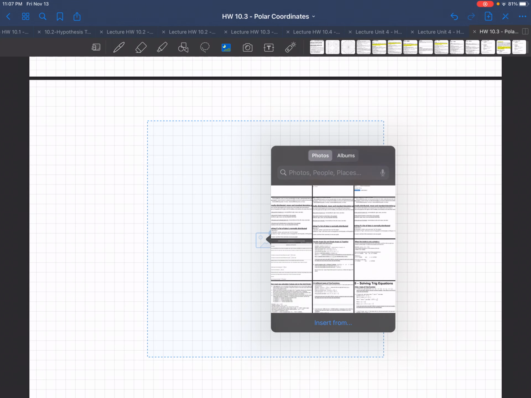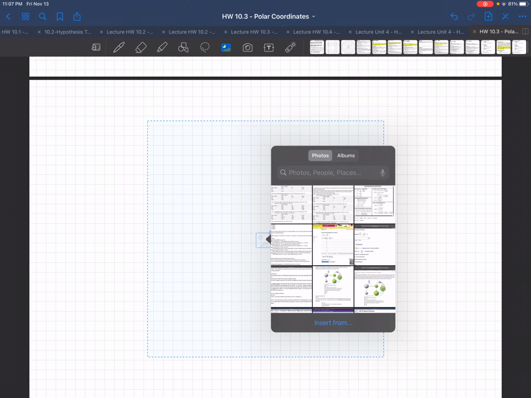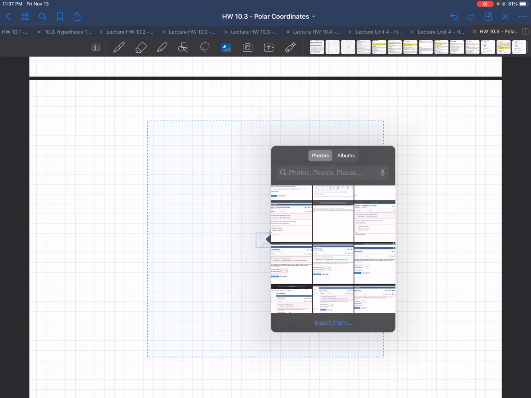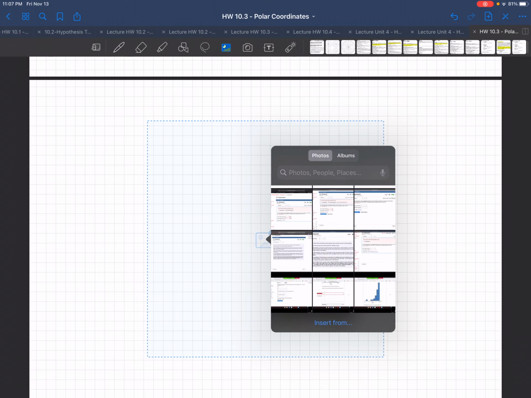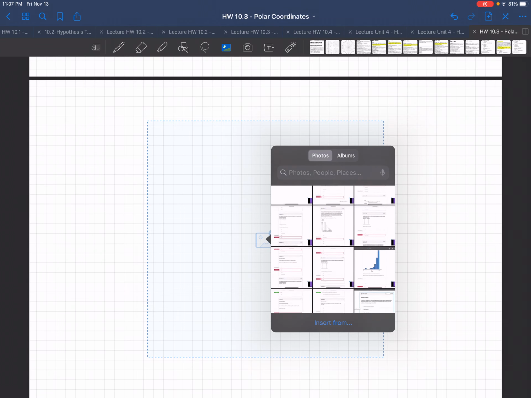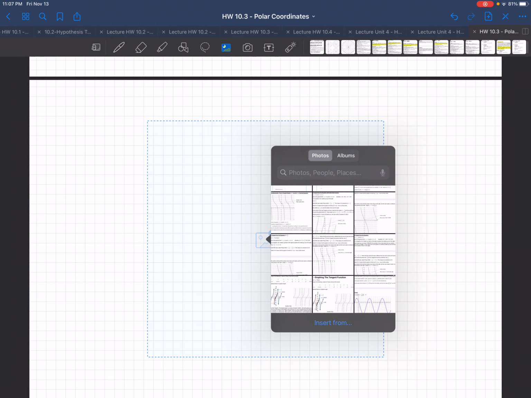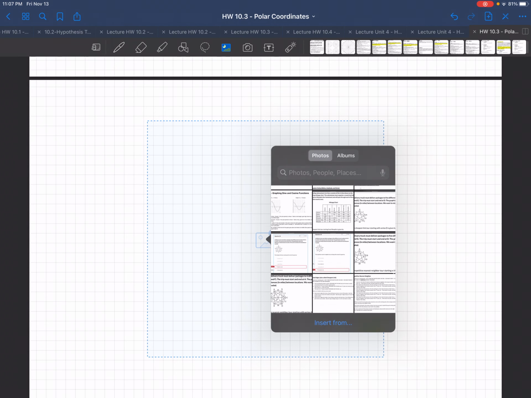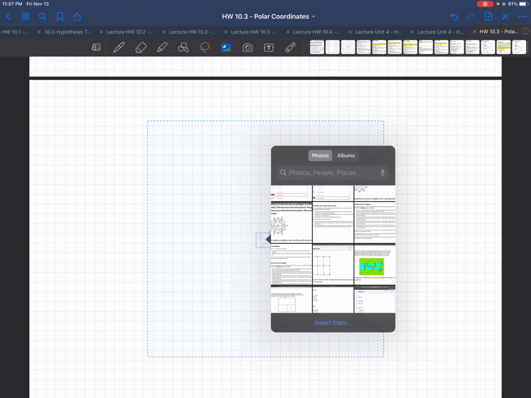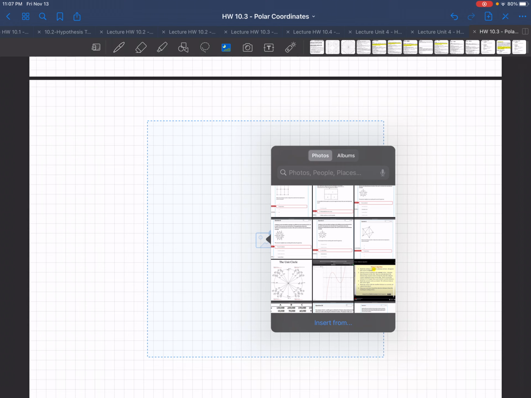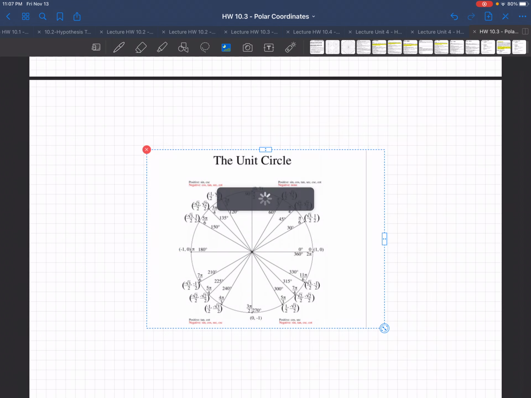Let me see if I can. I might be able to. I might have trouble coming up with it here. There it is. Took a little while.